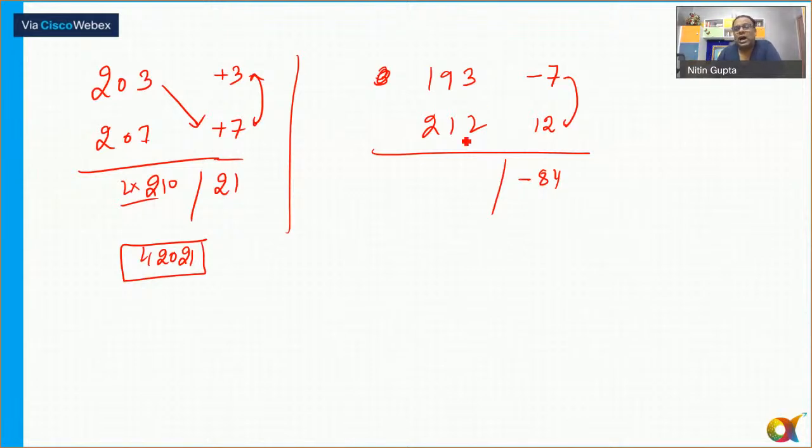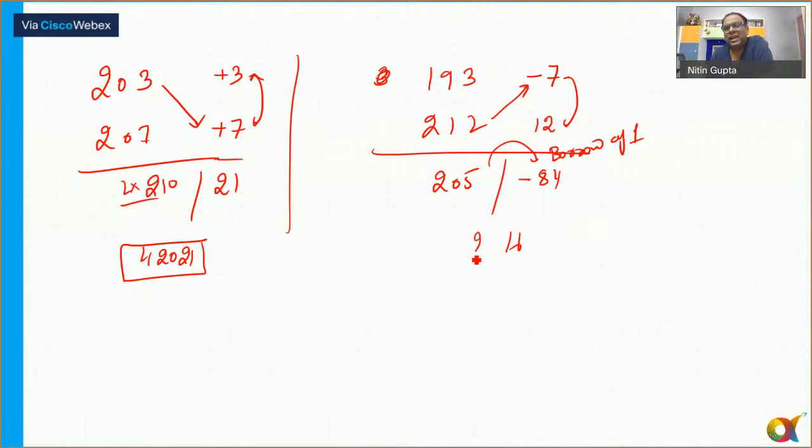All right. Now, after that, what do I need? 212 minus 7, that is equal to 205. And the same thing, take a borrow. The moment I take a borrow, it will become 100 minus 84. And 100 minus 84 is positive, so that is fine. I need to take a borrow of 1 only, not 2 or 3. So if I take a borrow of 1, then 100 minus 84 is 16.